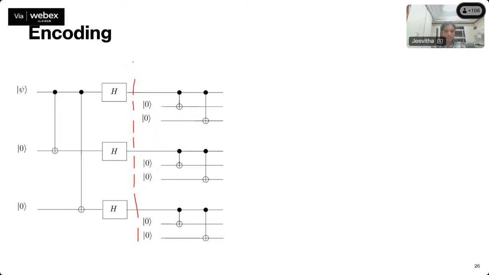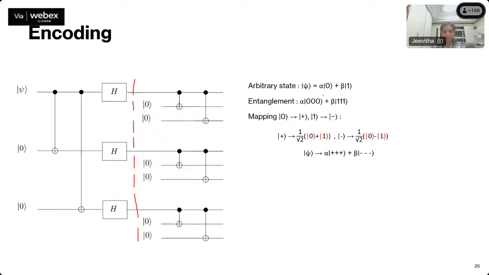So first, we start from an arbitrary state, alpha 0 plus beta 1, and then we do the entanglement. This state is very familiar from the 3-bit repetition code encoding we just saw. Then we apply the Hadamard gate to all these 3 qubits, and after applying it, this will be the state of psi for the phase flip encoding.